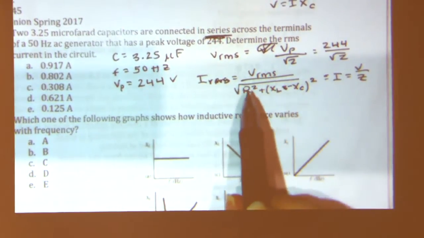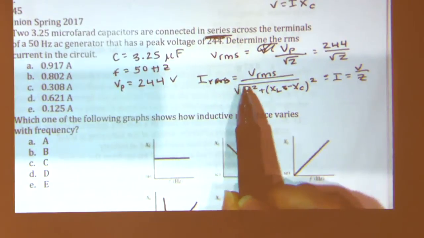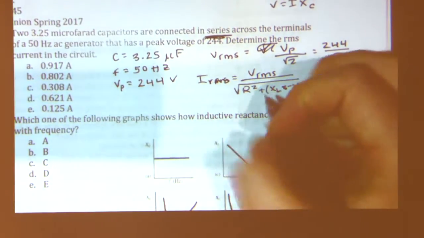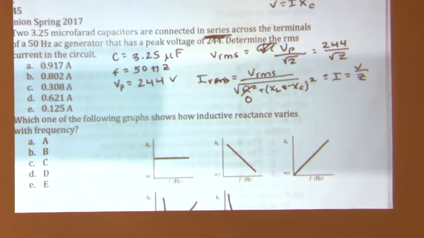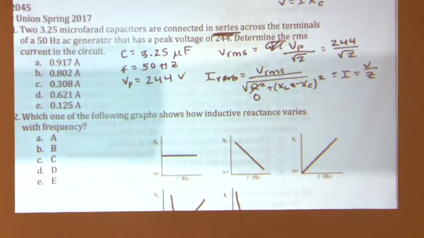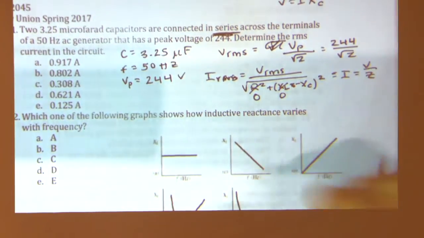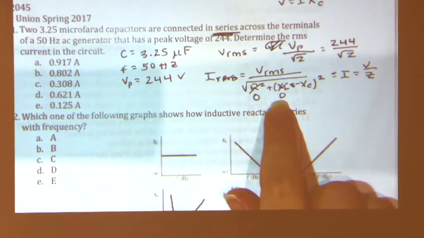We have VRMS. I don't believe we have a resistor at all, so this R will just be 0. It looks like we also don't have any inductors. Remember, when they don't say anything about it, you can assume that it's not part of the circuit. So we can plug in 0 for XL.